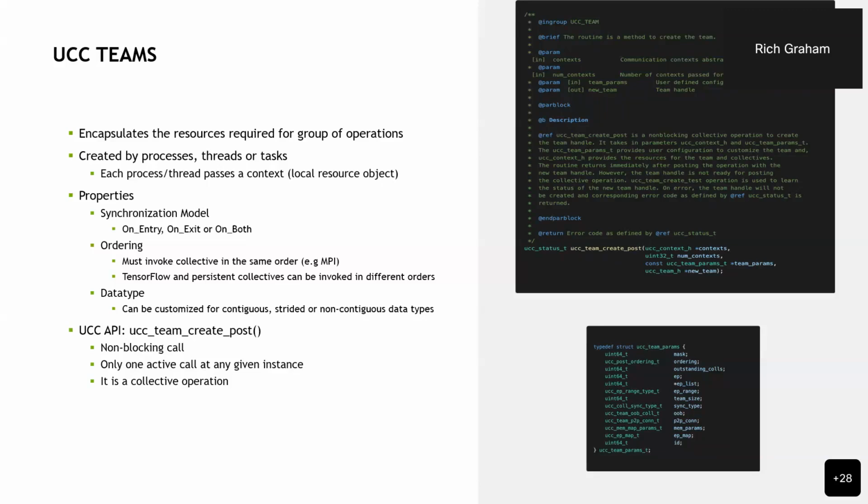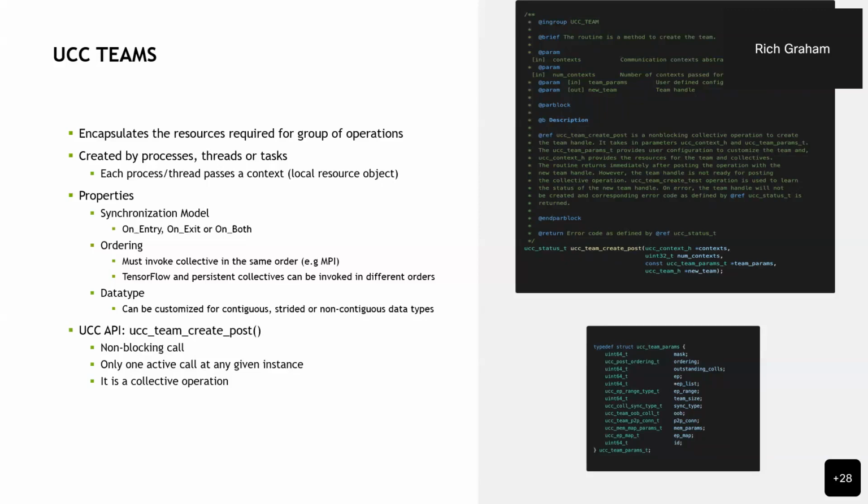So you specify what sort of ordering rules need to be followed by those that are using the team. But what's assumed here, for example, from ordering generally, or one of the things you can define is that collectives need to be always invoked in the same order.